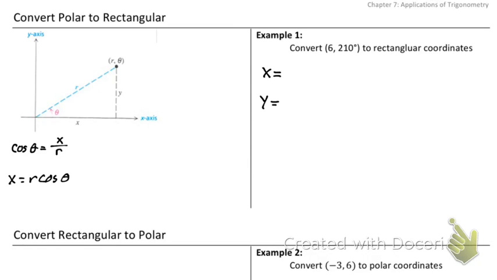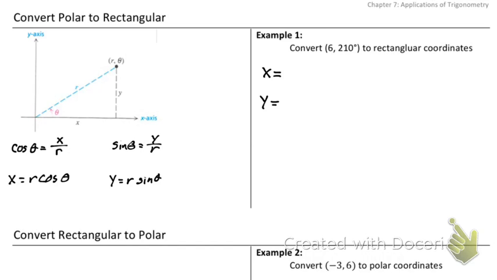First time we've seen that. And if I use sine, sine theta is going to equal y over r. Once again, y is just going to equal r times sine theta. But we've done that a billion times. We've used those formulas a billion times to find our a, our b, and our x's and y's. We're just doing it one more time.